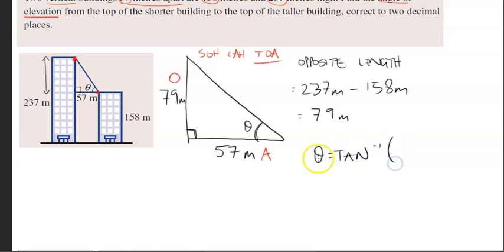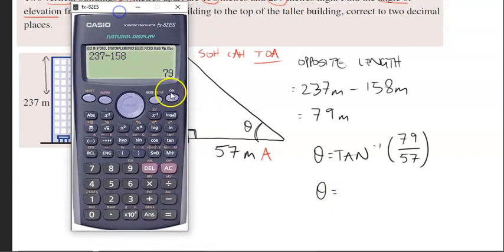So inverse tan of the opposite over adjacent, so 79 over 57 meters. So my theta, my angle, is equal to inverse tan. So remember to press the shift button and then the tan. You should see a tan to the power of -1. Get your fraction and put in 79 over 57.